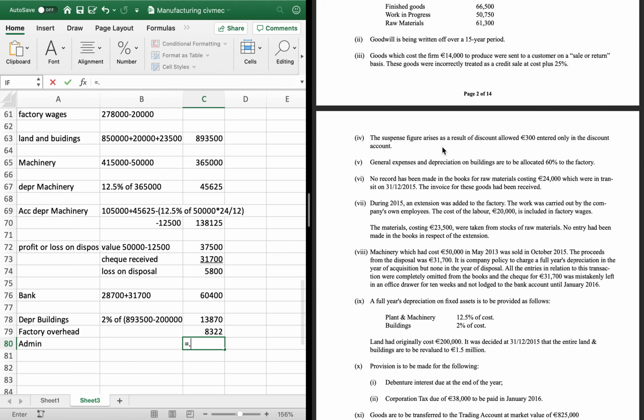It's going to be 40% of the 13,870, so 5,548. Okay, now I'll come back to that afterwards. They're just the ones that are going to go into our answers.